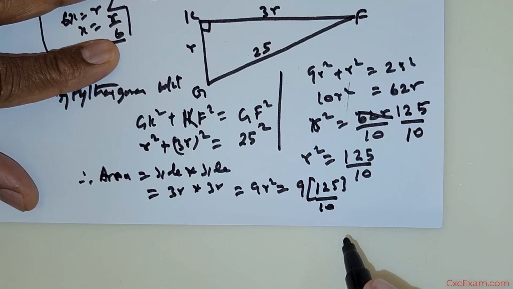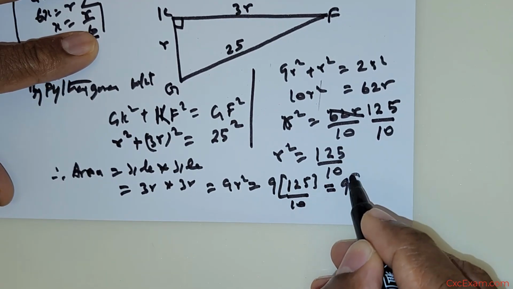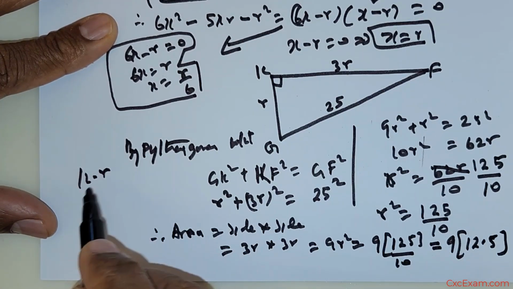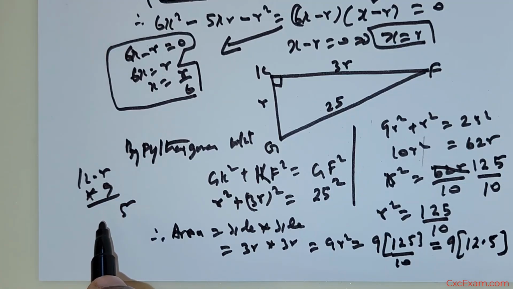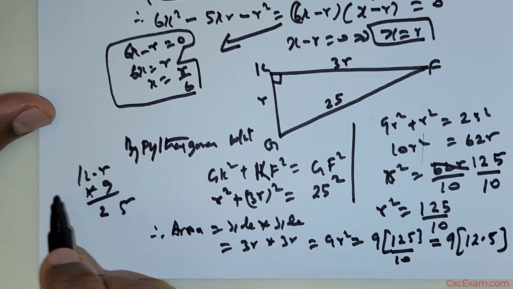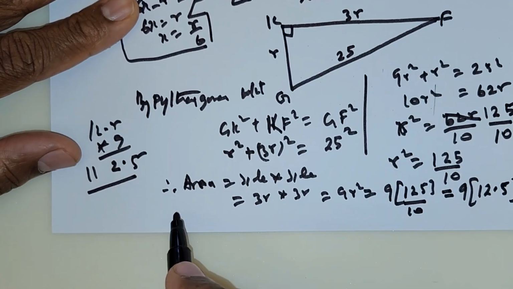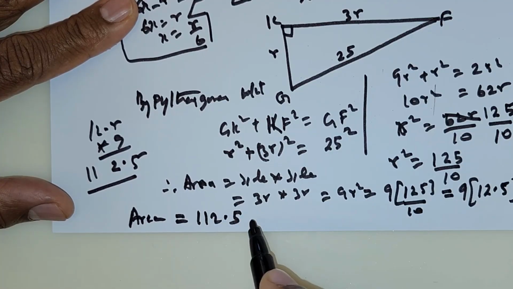You can multiply this, and probably what we can do is divide this first. So it's going to be 9 times 12.5. So multiply 12.5 by 9, which gives 112.5. So the area is 112.5 square units.